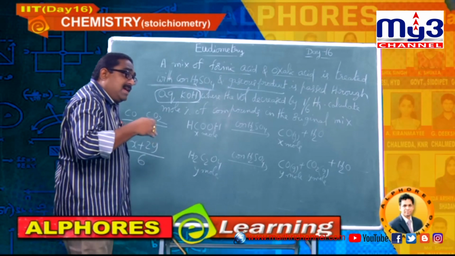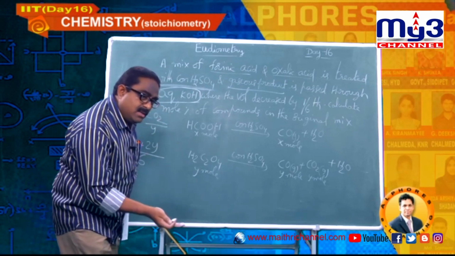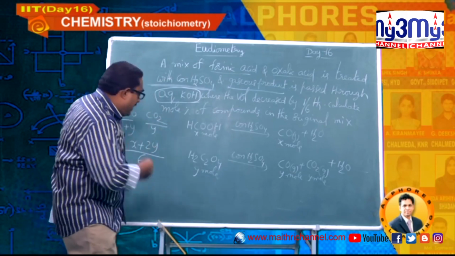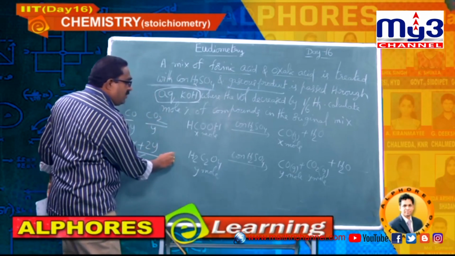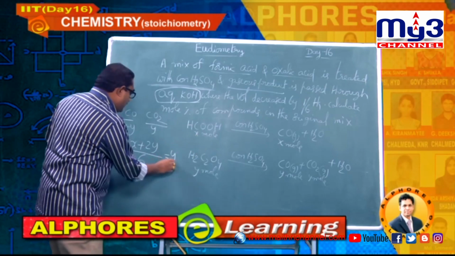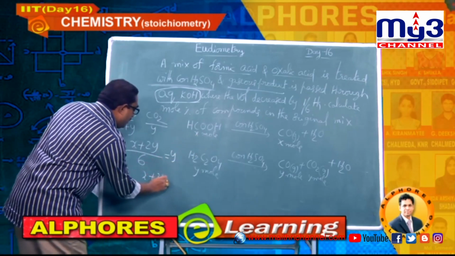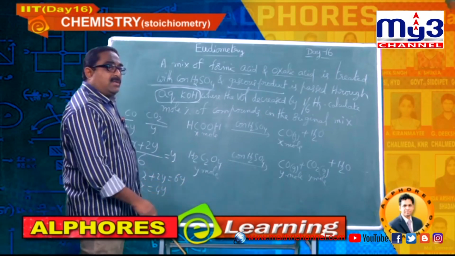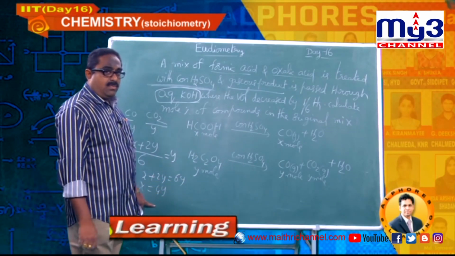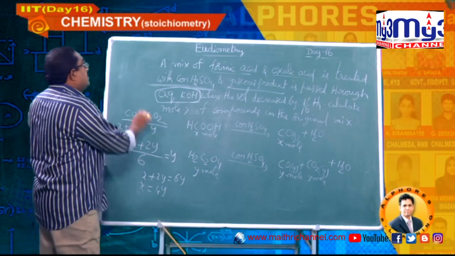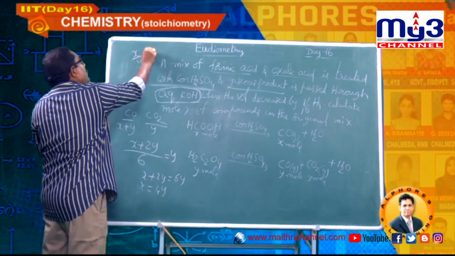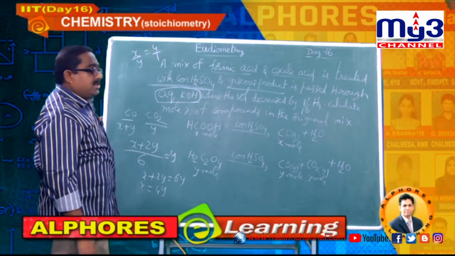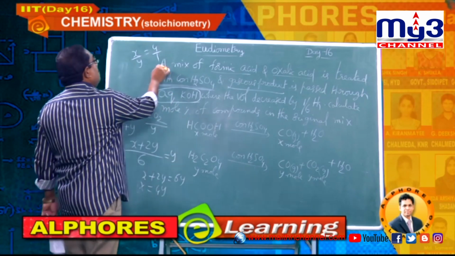Because of the absorption of carbon dioxide. So you have to equate this to carbon dioxide, that is y. So x plus 2y is equal to 6y. So x is equal to 4y. Students, this is x equal to 4y. So x by y is equal to 4 by 1. So the mole ratio is 4:1. So our answer is 4:1.